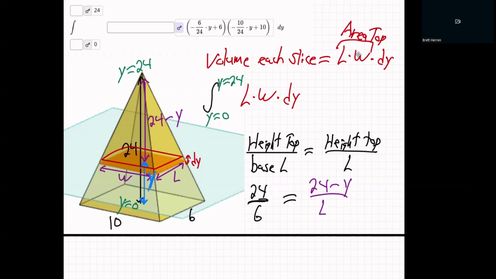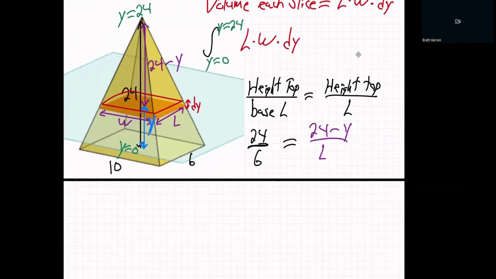Do you see that? I know this is the part that's hard. Take a close look. This can be tricky. So we're saying the height of the top, 24, is to 6, like the height of the top here, 24 minus y, is to L. See how those are the same thing?